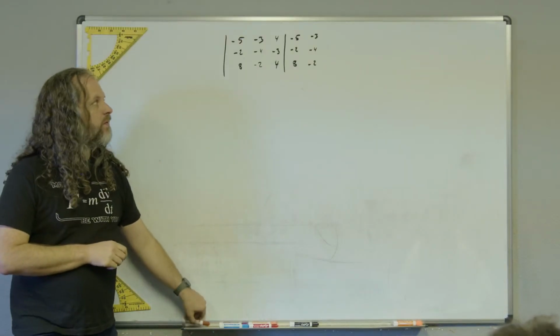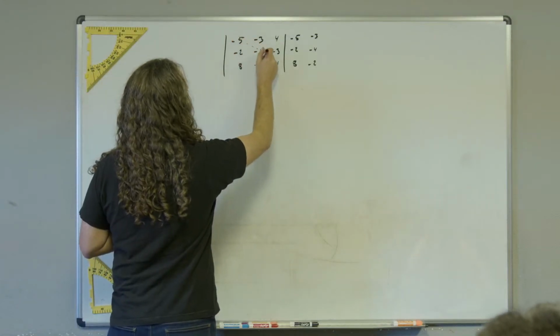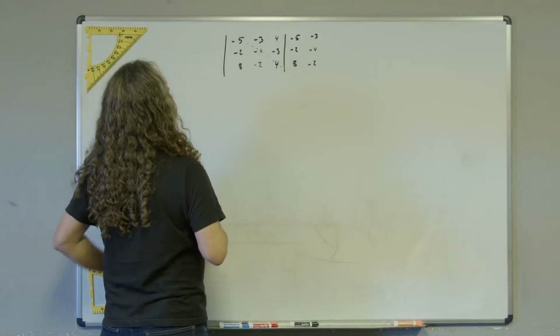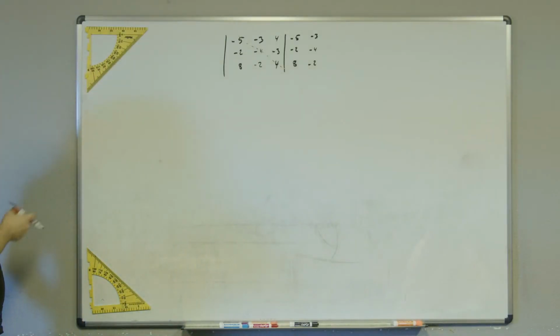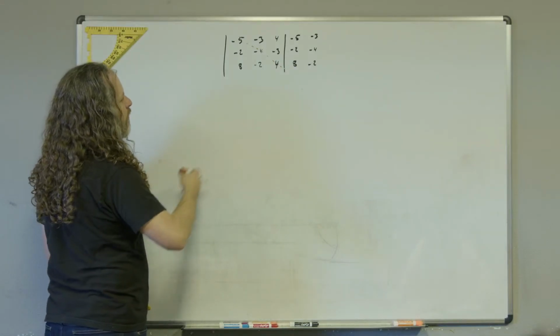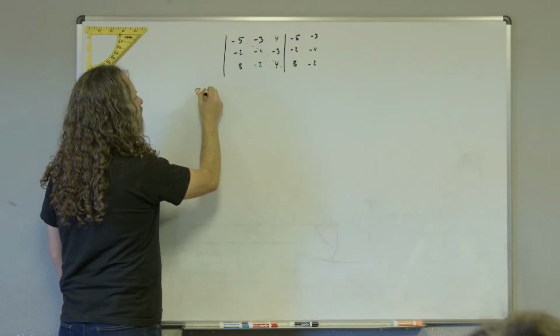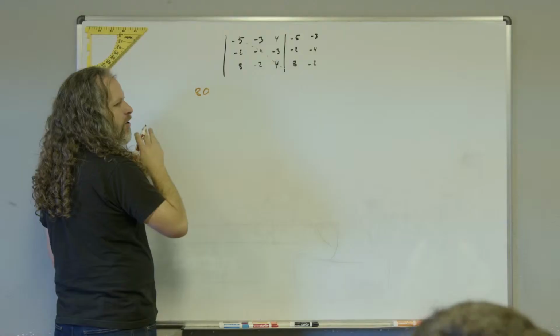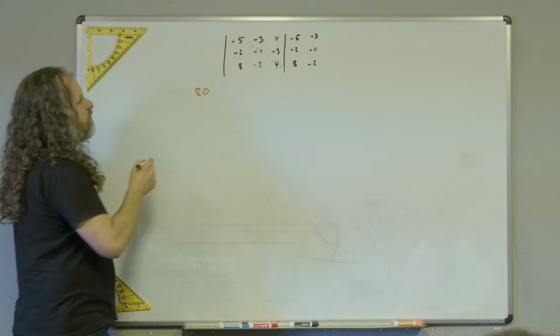All right, what now? Draw diagonal lines from -5 to 4. What do we do along those diagonals? Multiply them. So -5 times -4 times 4 is what? 80. Positive 80. And now are we adding or are we subtracting as we're trucking along? Adding sounds true.